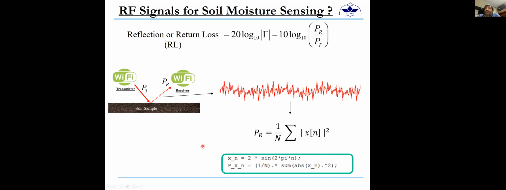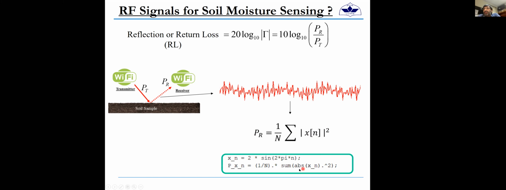So in MATLAB, you will do something like this. So if you have xn defined as, for example, a sinusoidal wave, I'm sure you have used this function sine in MATLAB. So in order to compute the power of this x of n, we have implemented nothing but this formula. So jo yahan pe ye x of n nazar aa raha hai, this is this x of n.